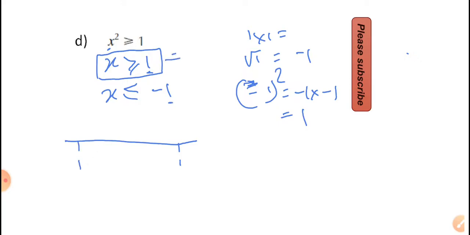Now this bit here tells me x has to be greater than or equal to 1, so you shade it in and it goes that way, to the right, because it's greater. And this bit here tells me x has to be equal to or less than minus 1.